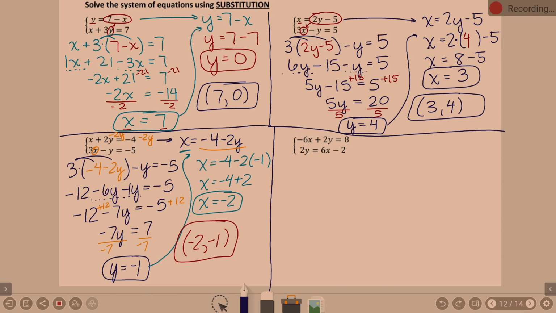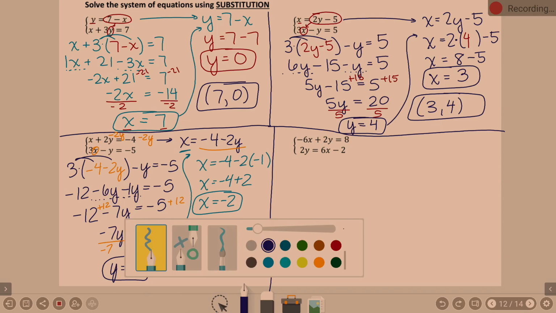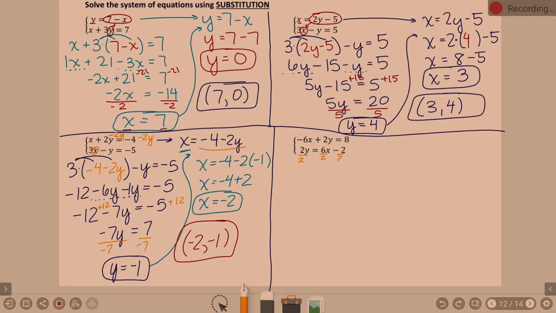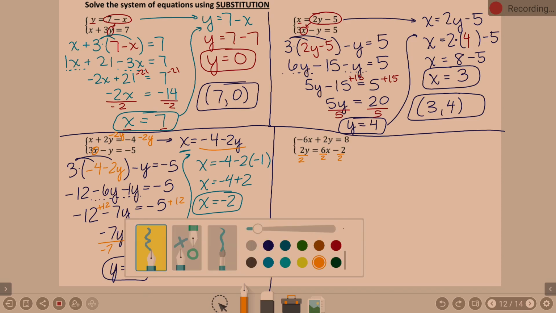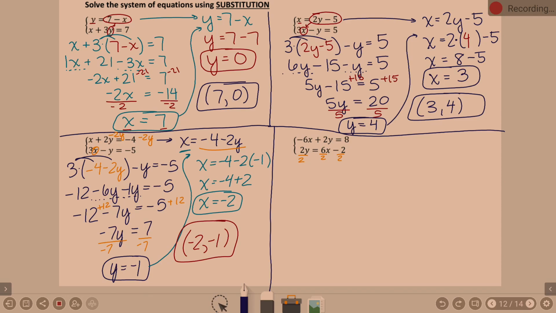Most of us are seeing the more obvious one is, let's take this bottom one and divide by 2. Remember, if you divide one part by 2, you divide every part by 2. So then I have, what is this? Y equals 3x minus 1.